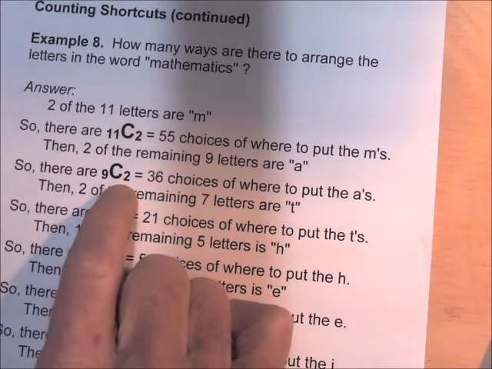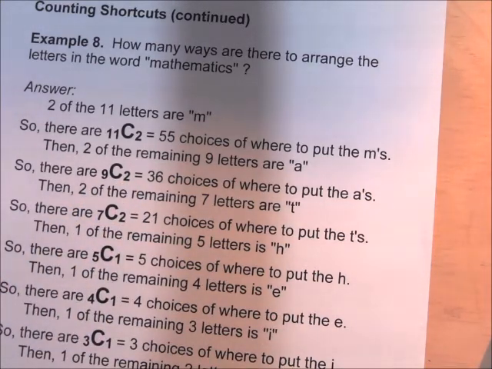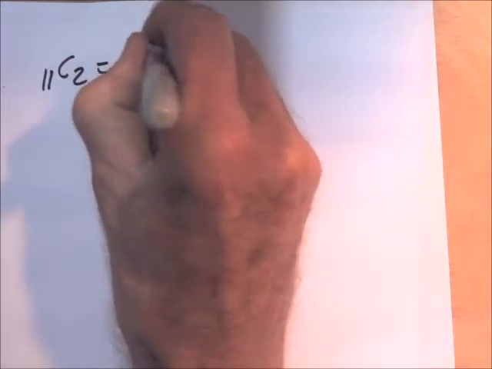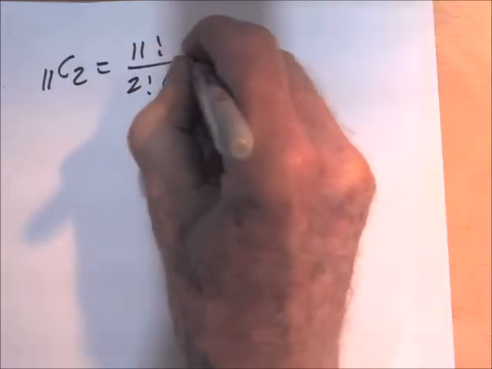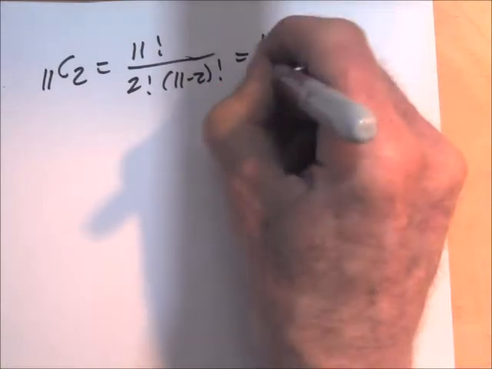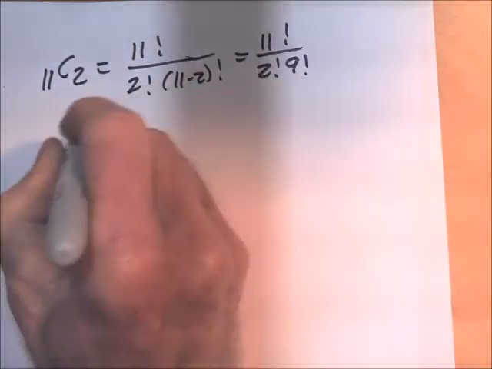I'll work both of these out. I don't really have room on this page, but let's get another sheet of paper. So 11 choose 2 is 11 factorial over 2 factorial times 11 minus 2 factorial. It's 11 factorial over 2 factorial times 9 factorial.